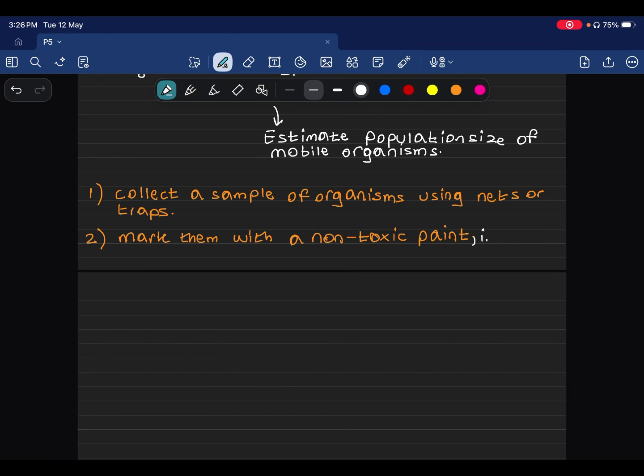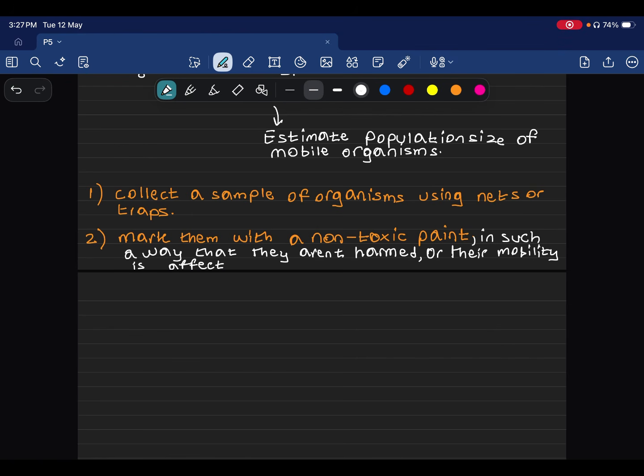So you paint them in such a way that they are not harmed. Again, we looked at how they could be harmed if they become more visible to predators, and how that could happen if you apply an excessive amount of paint, or their mobility is affected. So we don't want either of these things to happen.